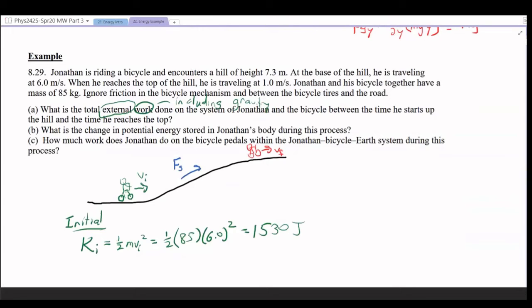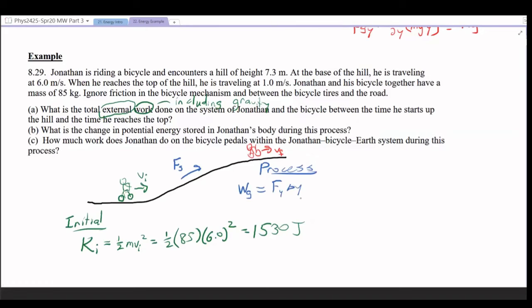So as part of our process, the work due to gravity is Fy delta y. So the easy version of work is just force times distance. And the thing you have to make sure you take into account is that you want the force and distance to be measured in the same direction.